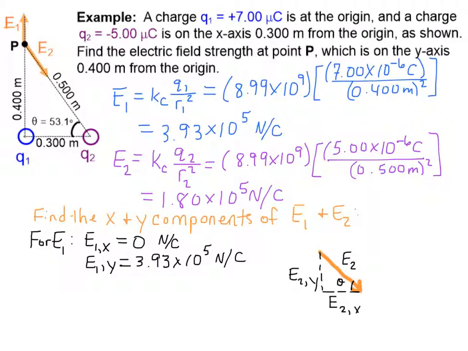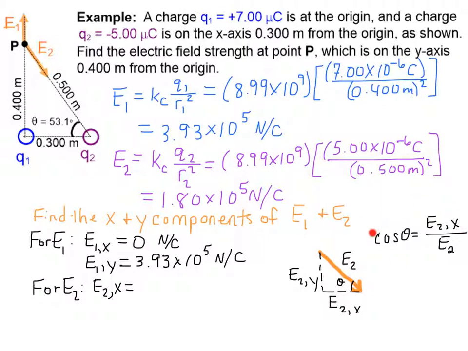When I consider the electric field strength 2, I am going to redraw this line down here and then draw the x and y components for that vector. And I know theta, which is really nice and convenient. I know that the cosine of theta is going to be equal to the x component of E2 divided by the electric field strength of 2.